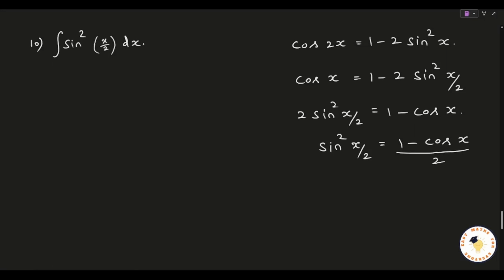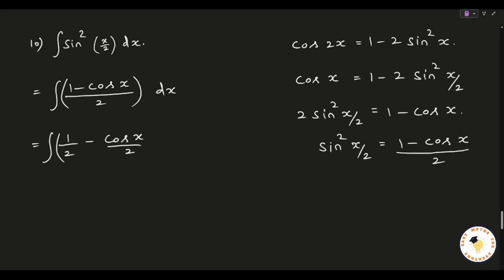Using this value for this sine square x by 2, we can write this integral as integral 1 minus cos x divided by 2 into dx. And this can be split into two terms like 1 by 2 minus cos x by 2 into dx. And this can be split into individual integrals like 1 by 2 dx minus integral cos x by 2 dx.